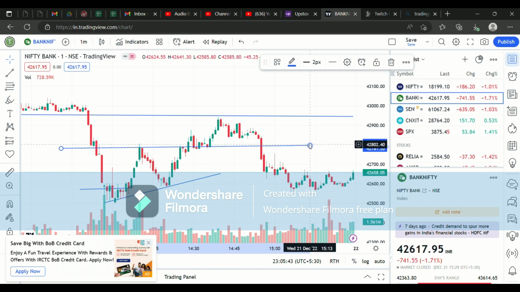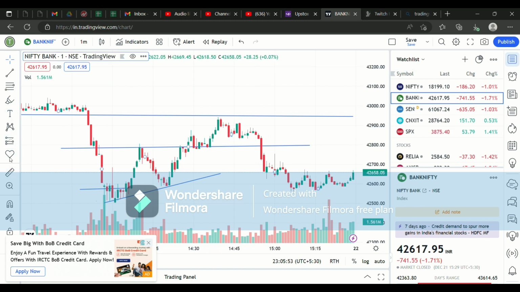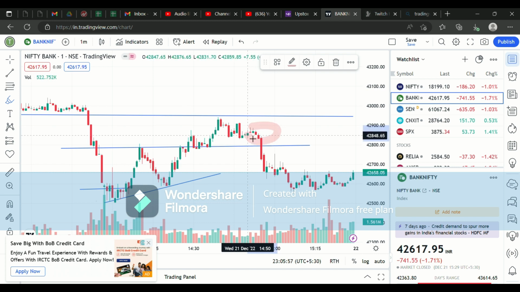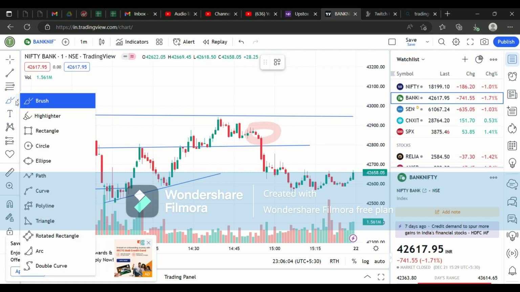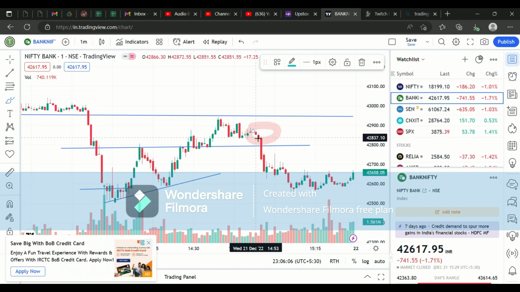I placed the stop loss of only 8 to 9 points, and when this red candle was made, my SL was hit.